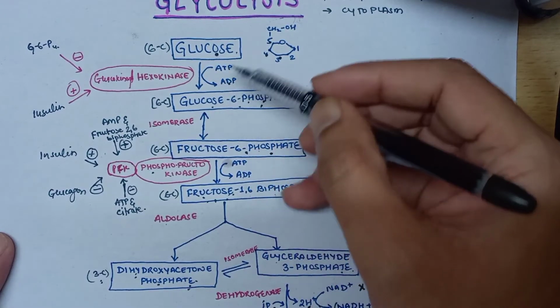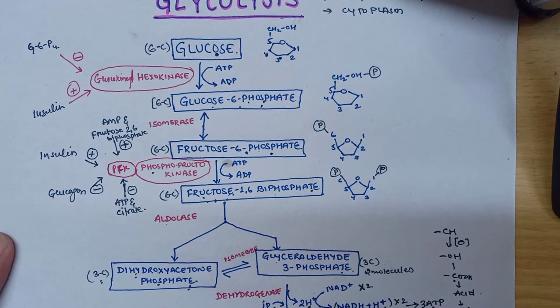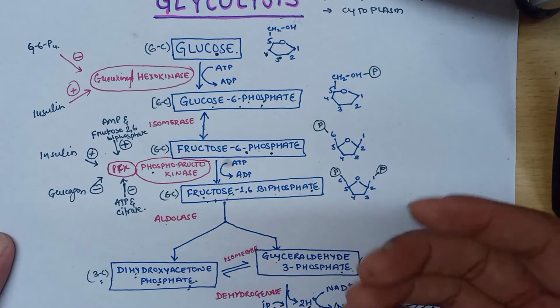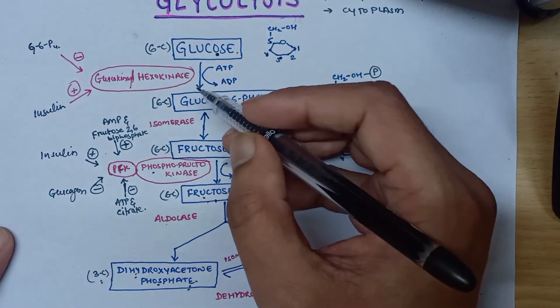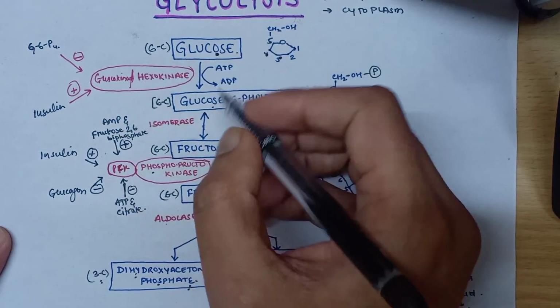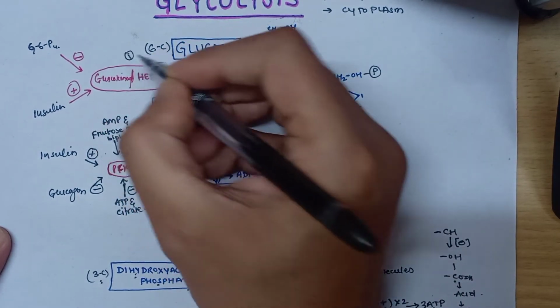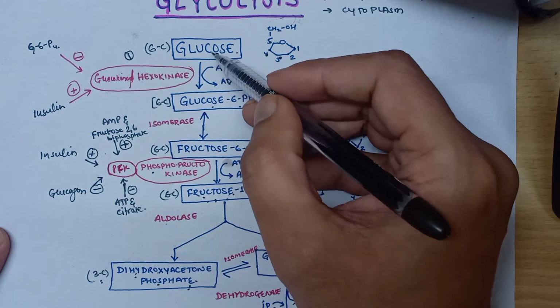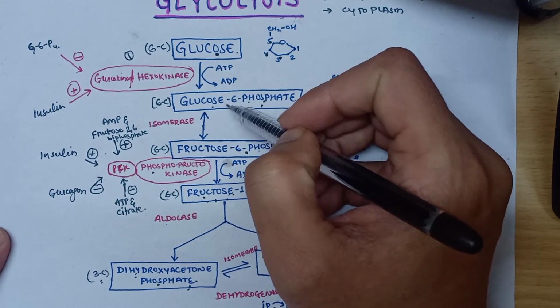So we see here that of the steps in these reactions, there are 3 irreversible reactions occurring. The first irreversible reaction is when glucose is converted to glucose 6-phosphate.